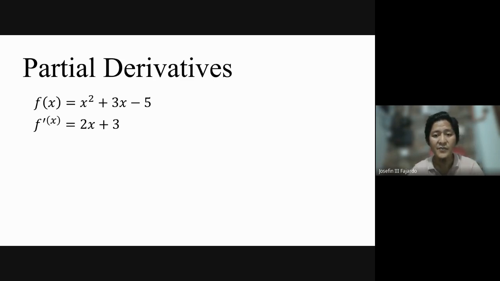Now, what is the difference of this from taking partial derivatives? In partial derivatives, it involves more than one variable. For example, I have an equation f, usually in two variables, f of x, y, and then I have x squared, and let's add, say, y.